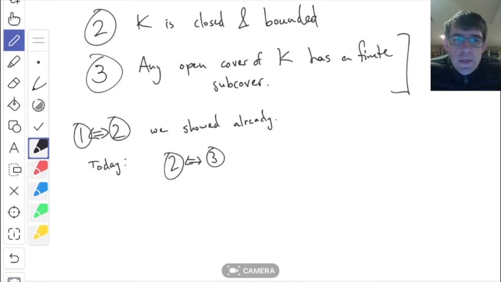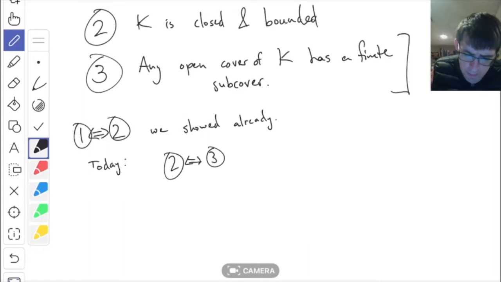Closed and bounded is the same as saying any open cover has a finite subcover. Why are those two related? Actually, you don't even need to use the first one at this point. We're just talking about closed and bounded, and open cover has a finite subcover.